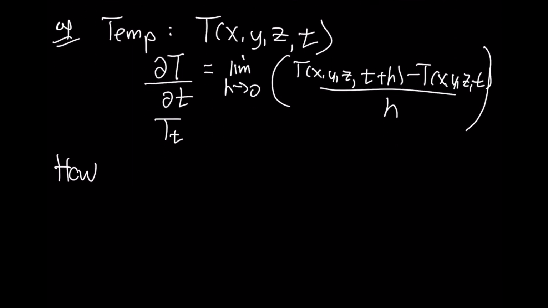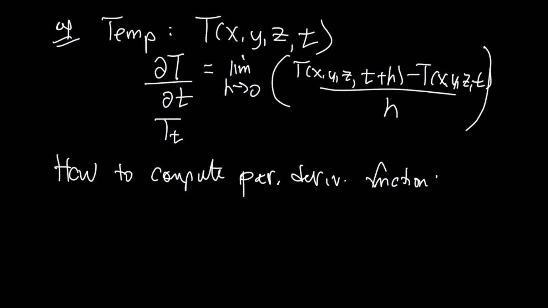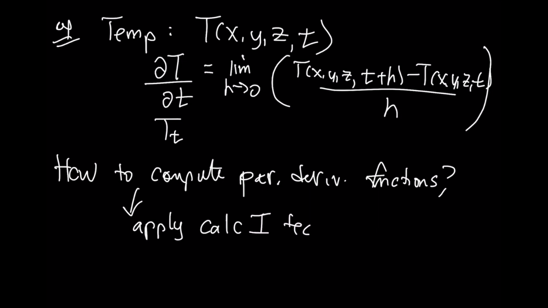So how do we actually compute these partial derivative functions? All we do is we apply our Calculus 1 techniques while holding a certain variable fixed.